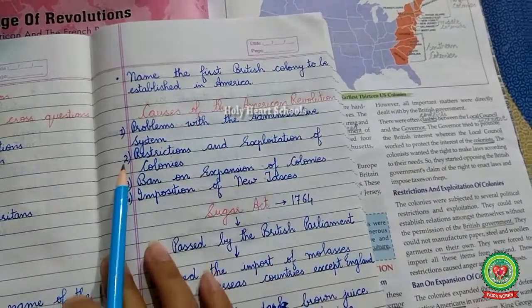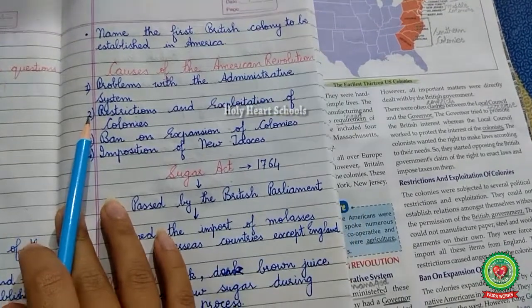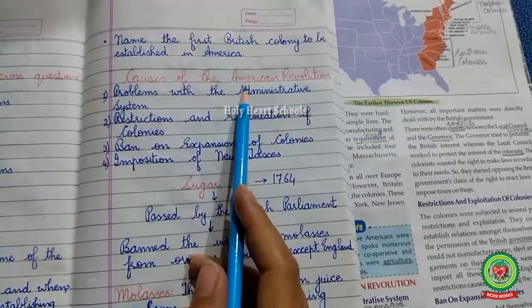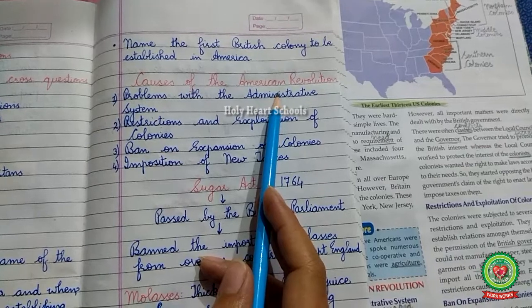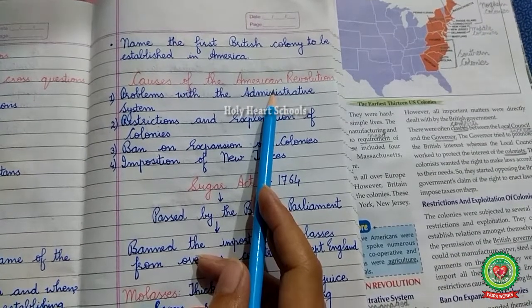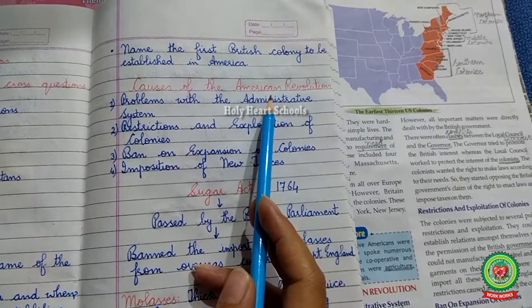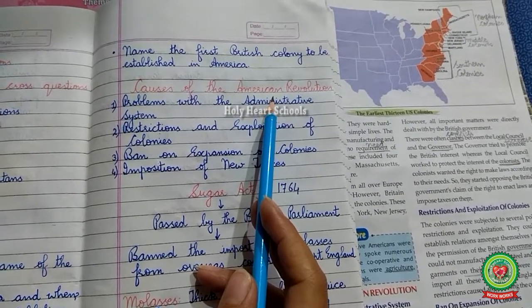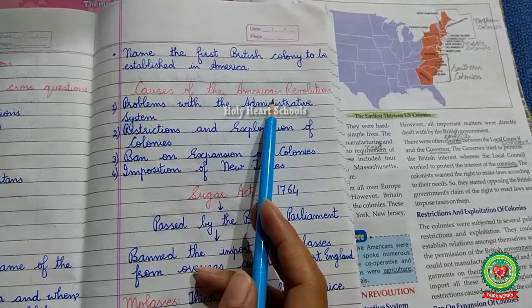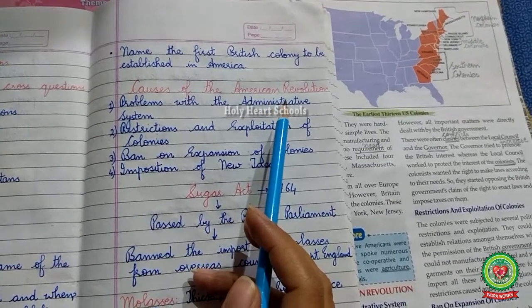Now, in today's class, we are going to discuss the causes of American Revolution. Basically, the roots of the American Revolution can be traced to the year 1763, when the British leaders began to tighten imperial reins.